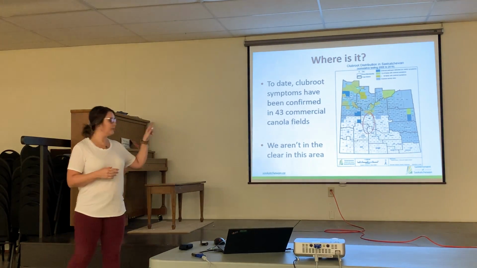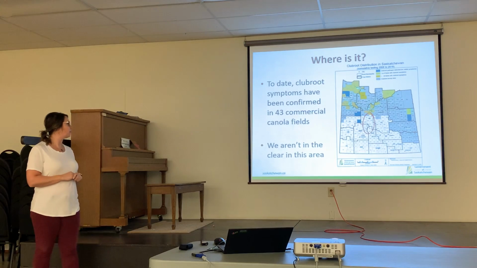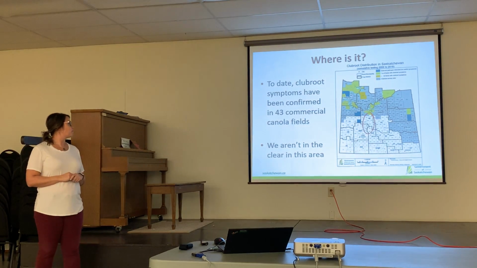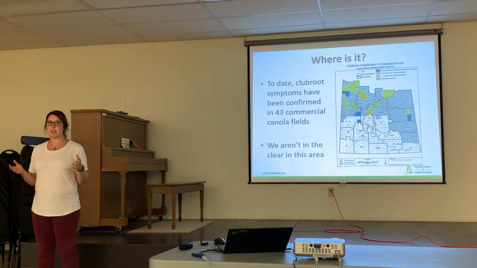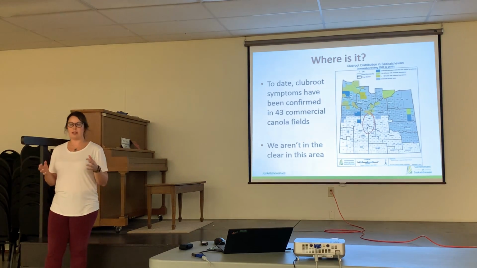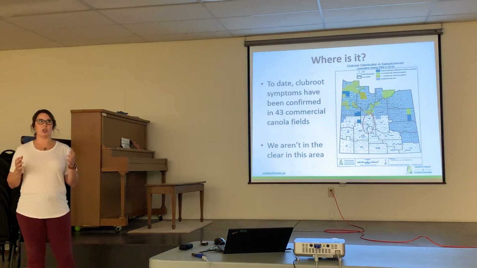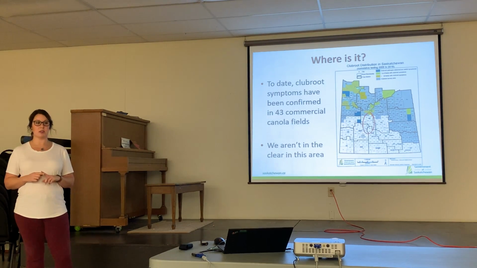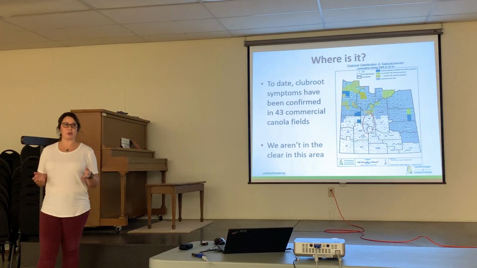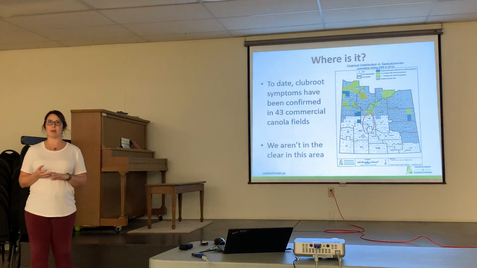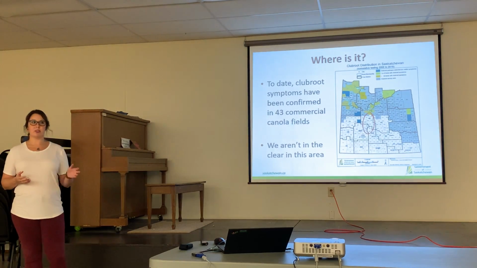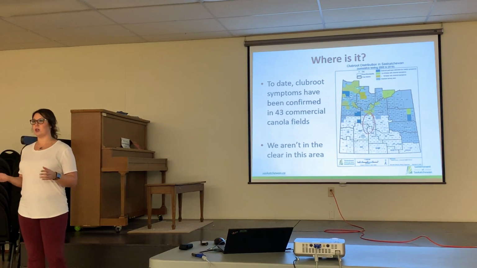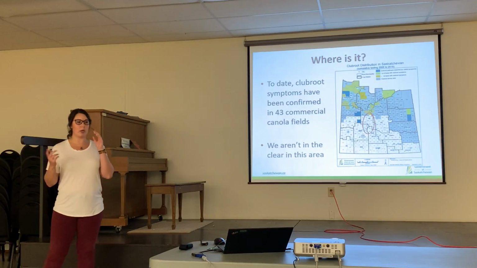In the gray area, sorry if I'm in anybody's way there, and this gray area is kind of the areas that are in close proximity to where clubroot has been confirmed in other provinces, areas where there's a lot of canola, or areas where if we had the right environmental conditions, we may see a lot of disease or high disease severity.